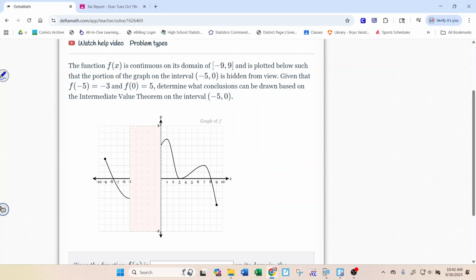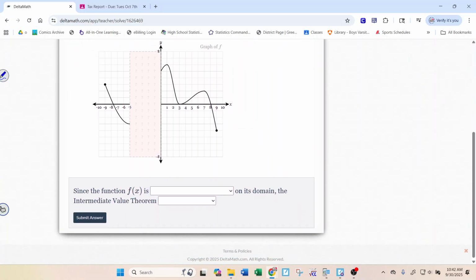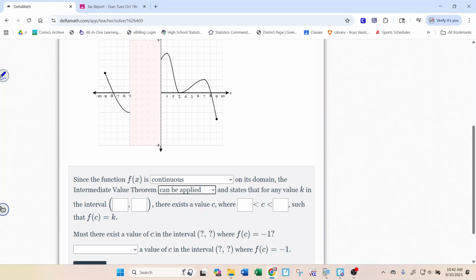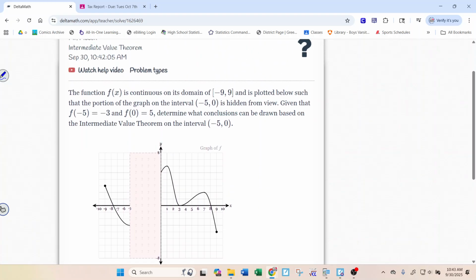And then if we scroll down, since f of x is continuous on its domain, can it be applied or not applied? Applied. And then once you do that, it's going to go down here and ask you some more things to answer that question.